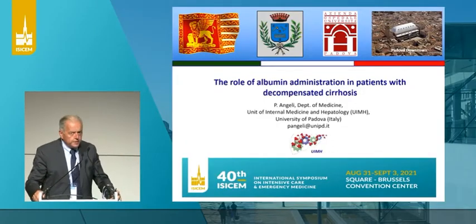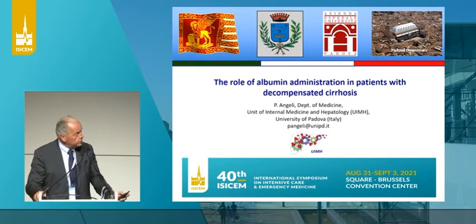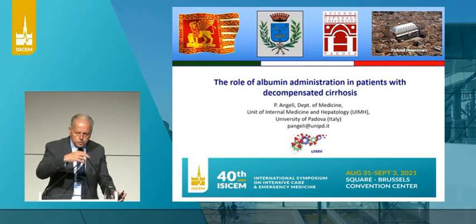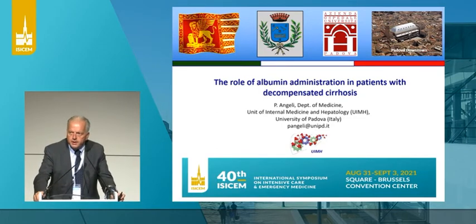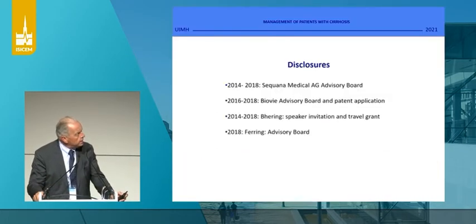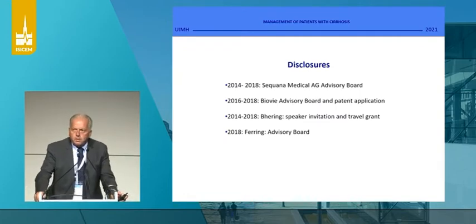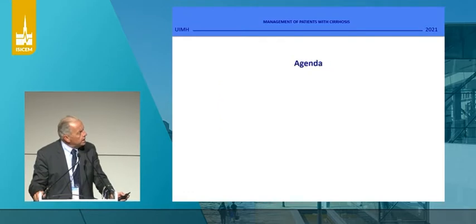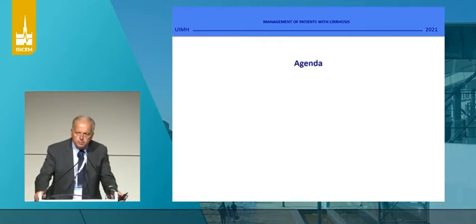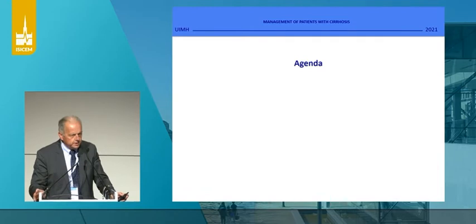Mr. Chairman, dear colleagues, first of all, I want to thank Jean-Louis for this kind invitation. It is always a great pleasure for me to be here. This is the complex of my disclosure, but after that, I will present briefly my agenda that is very simple.